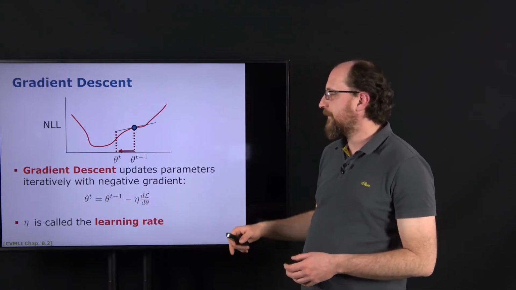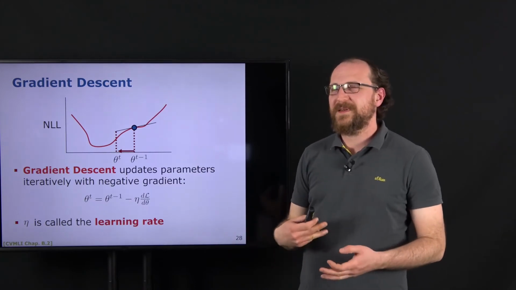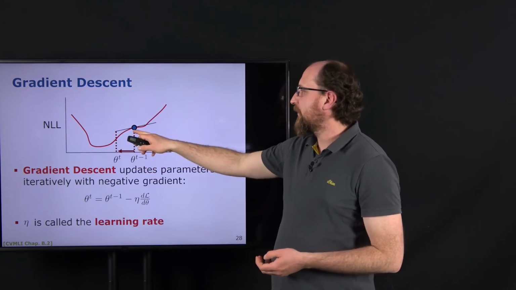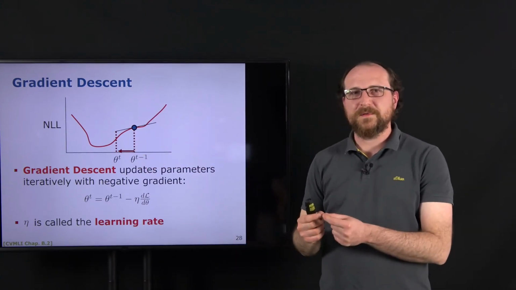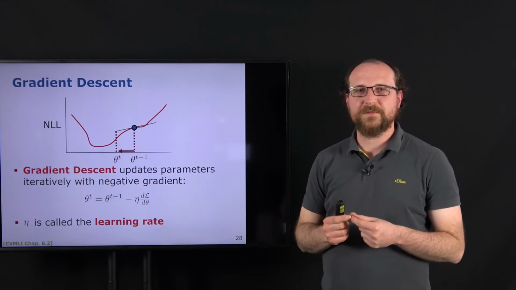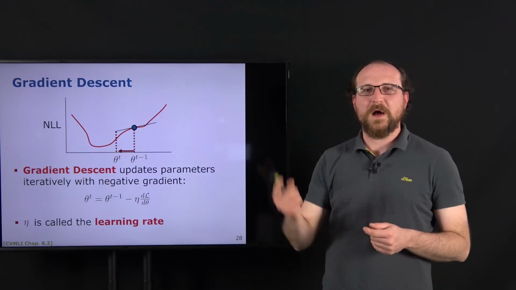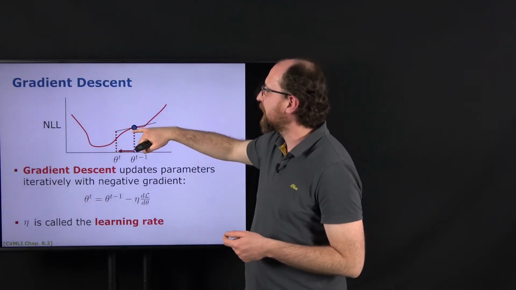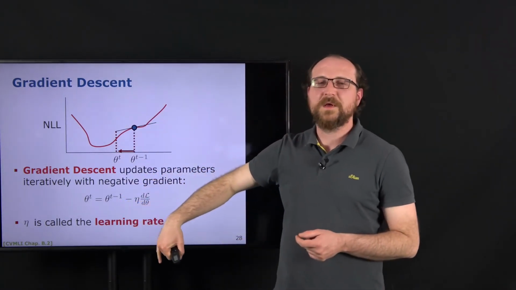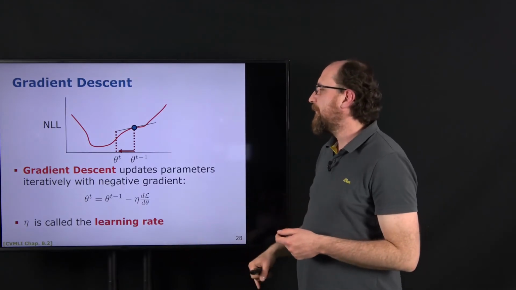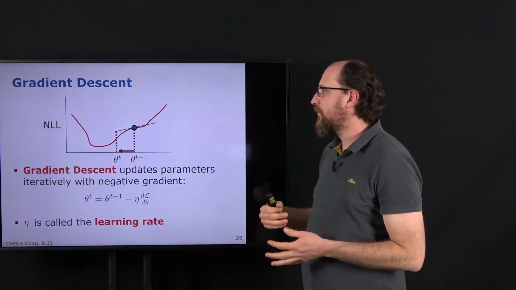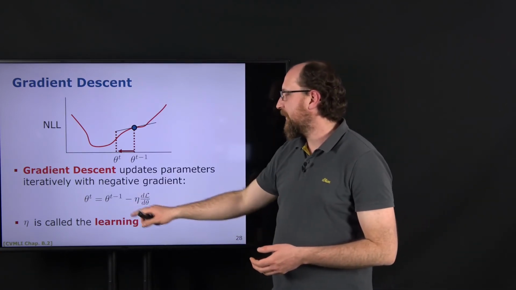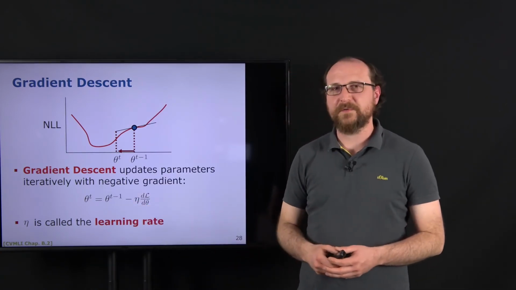Because the gradient only looks at a small part of the function, we don't know how it changes after this. As you can see here, the gradient is going in this direction, but right after that it goes down much more. So, not to miss the minimum, we scale the gradient by a term that is called the learning rate.